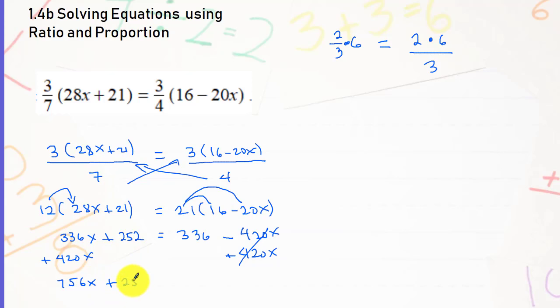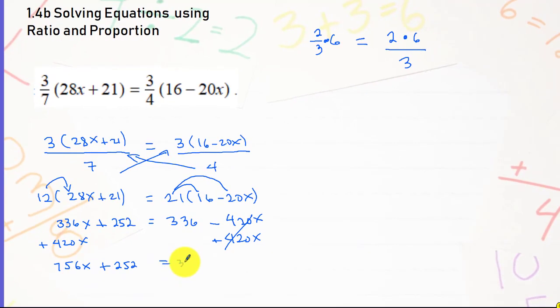Bring down your 252 equals 336. And then when you subtract 252 to both sides, we are going to get 84 here. And I will have here 756x.